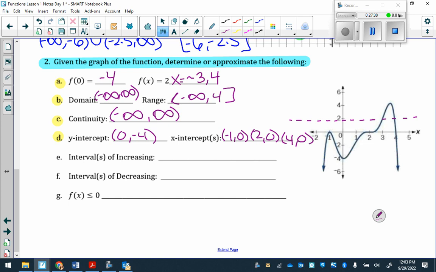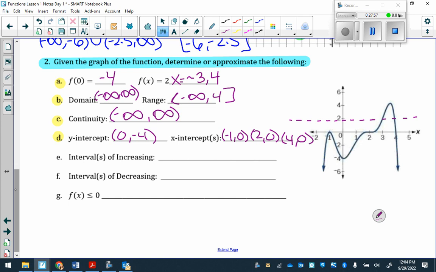All right. Any questions about the following? Pretty good, right? Okay. So now we're looking for intervals of increasing and decreasing, okay? And again, looking at the x values. And we're always going to use what, since we have the word interval? Parentheses. Excellent. So, again, we're taking the full domain and looking to see where the graph is increasing.